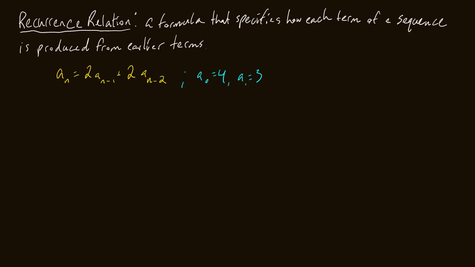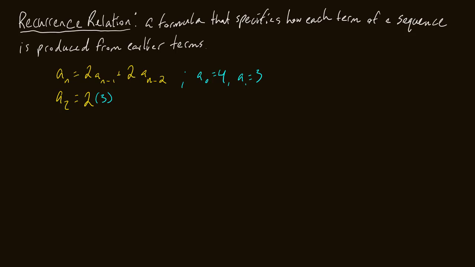Now what we're going to do is plug that into our formula for a sub n. Let's solve for a2. So a2 is equal to 2 times a sub n minus 1. Well, a sub n minus 1 in this case is just a1. So this is 2 times 3.